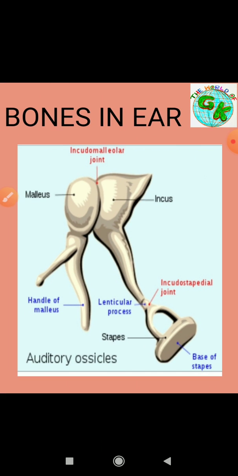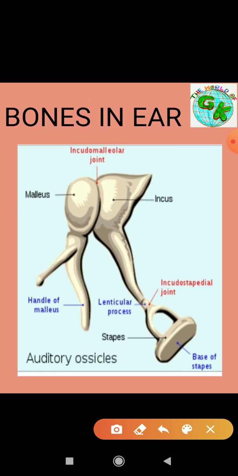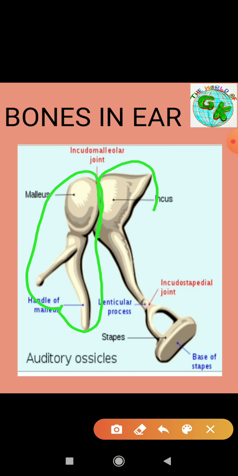Now let's see the bones in ear. There are 3 bones in each ear. First one is malleus. You can see malleus here. Malleus is a hammer shaped bone. And next is incus. This one is incus.